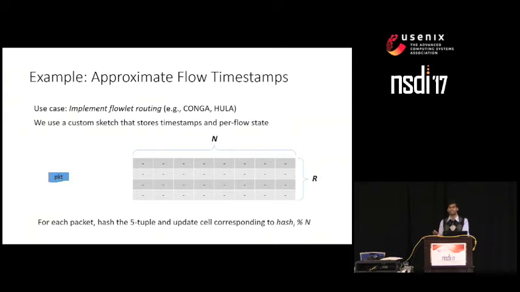And for each packet that comes in, we are again going to take r separate hash functions and update the cell or column corresponding to the hash modulo n. So in this case, if we have 4 rows, we are going to update these 4 cells. And this is again really attractive for these flexible switches because it only requires r lookups or memory updates, and it can maintain approximate flow state in sublinear space, which is really nice.